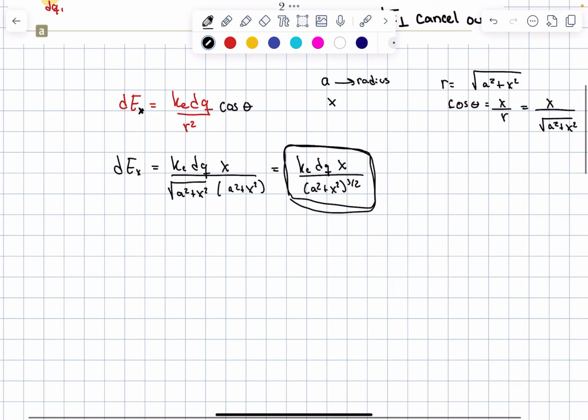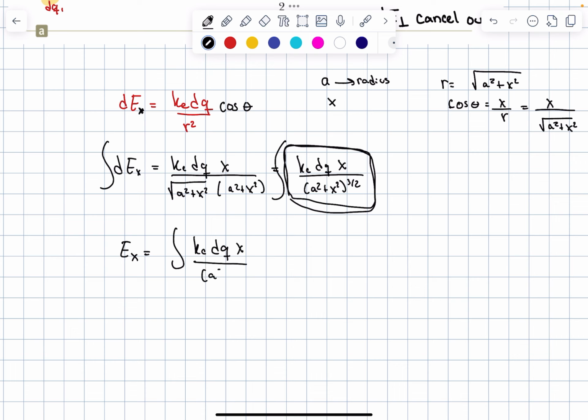So, like I mentioned, we are going to be able to solve this by taking the integral of both sides. And that leaves us with E of x is equal to the integral of ke dq x over (a squared plus x squared) to the 3/2.